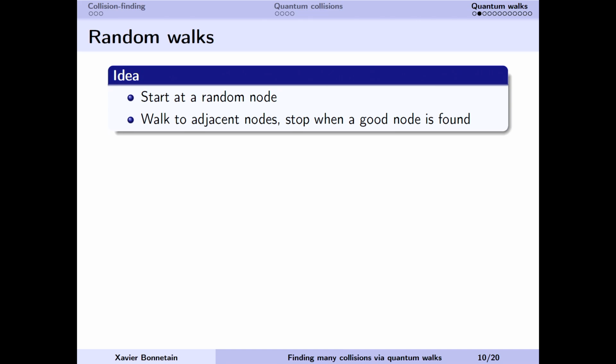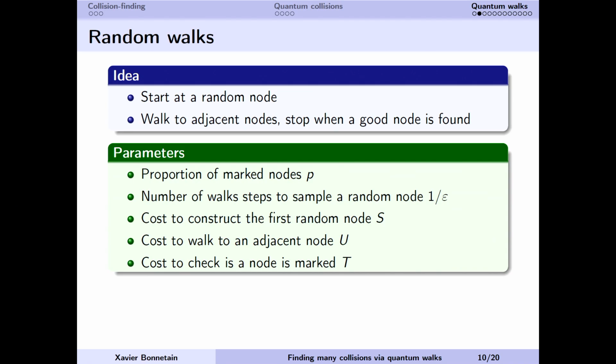If you have this framework, then you can study your random walk by introducing a few parameters. First of all, p, which is the probability for a node to be good, which will be important. Another important parameter is 1/epsilon, the inverse of the spectral gap, which is a graph theoretic notion.